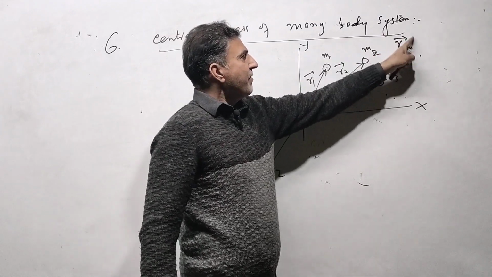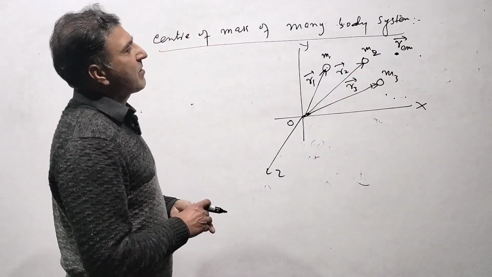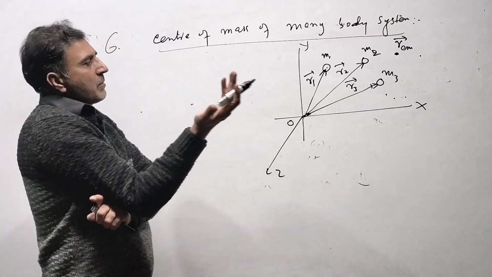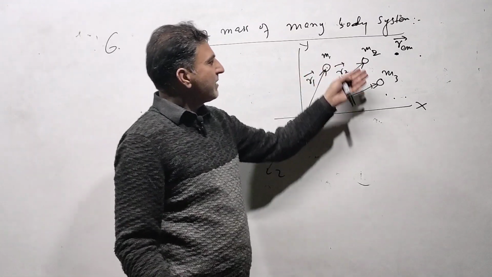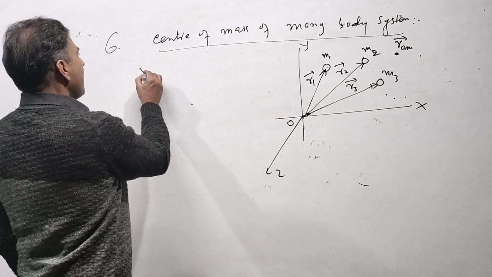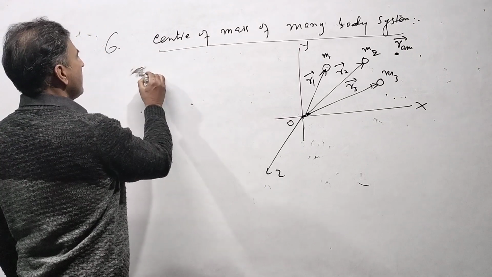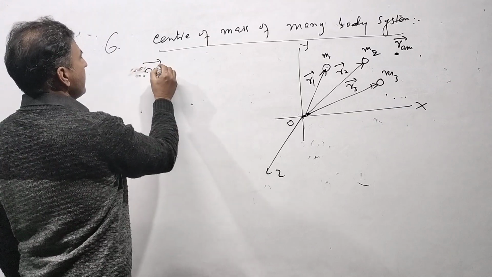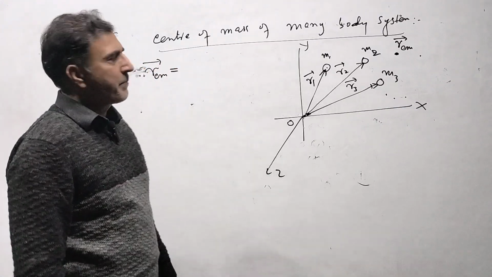What is this position vector? What is the position vector of the center of mass of all the multiple bodies? I showed 3 bodies here, but there may be other bodies also. So what is this RCM? That is the question.